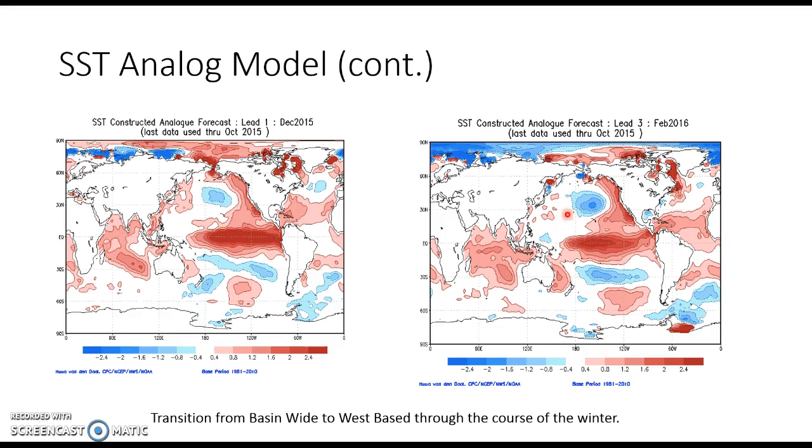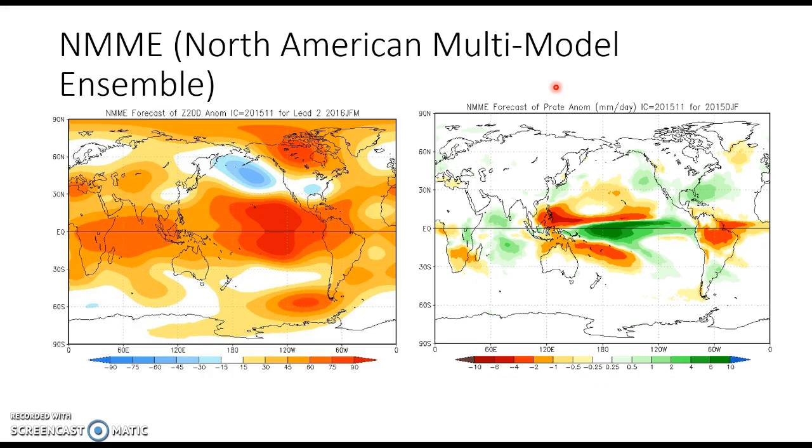And this is crucial because a west-based state would favor more cold and snow into the southern and eastern portion of the United States as opposed to a basin-wide El Nino. So this alone suggests that we could be dealing with a backloaded winter or a winter with more cold and snow in the second half than in the first half.